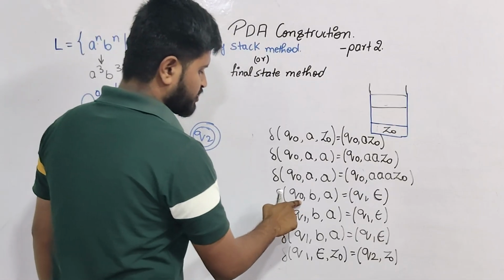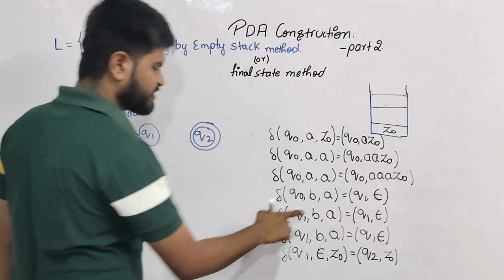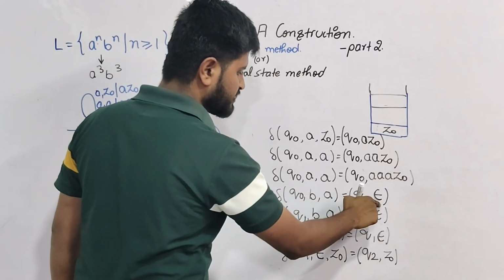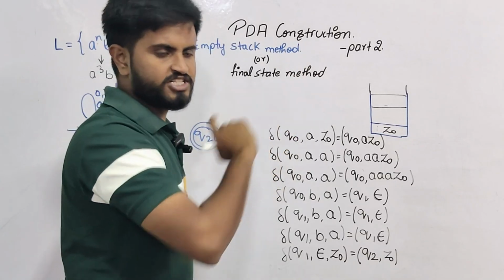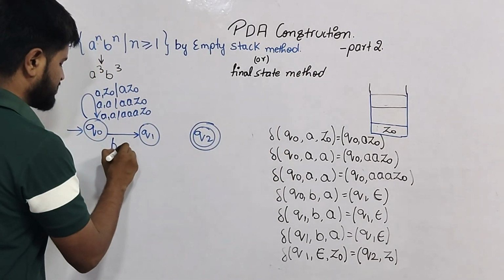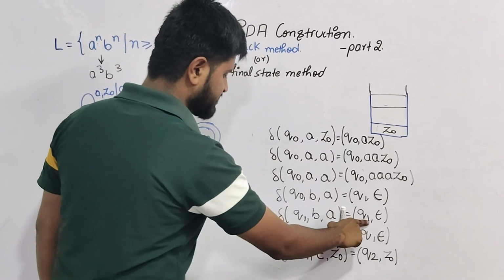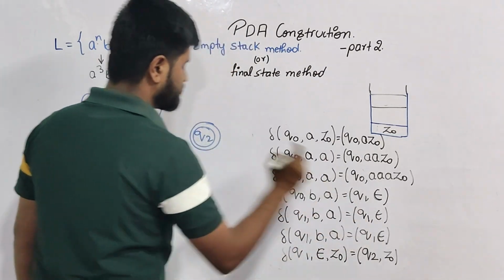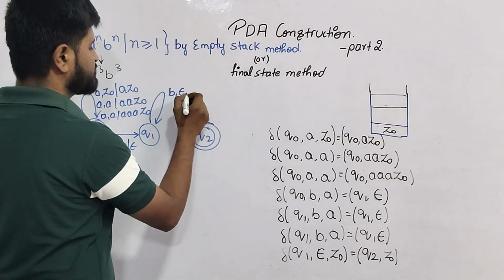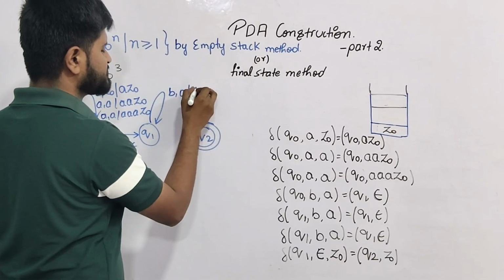Next Q0 to Q1. Now I am moving from Q0 state to Q1. B comma A are my input. Epsilon represents popping out the top of the stack element. So B comma A slash epsilon. Next Q1 to Q1 itself, self loop, B comma A slash epsilon.